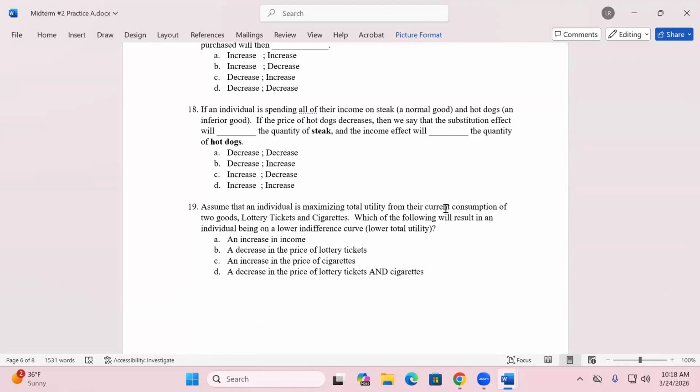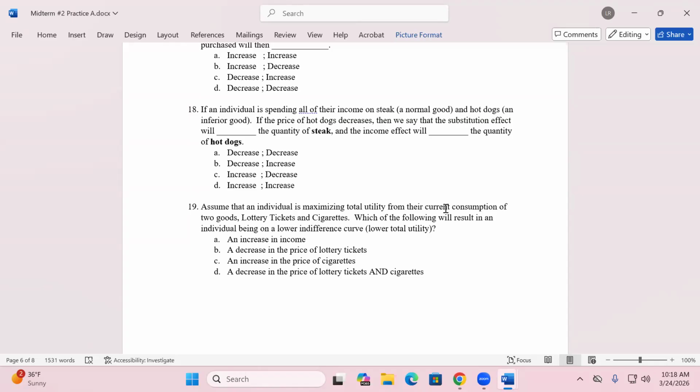Won't actually matter, right? So if I'm thinking about 19, I'm told I'm buying lottery tickets and cigarettes, what would put me on a lower indifference curve? So on this one, you could work through, it doesn't matter which way I put this. So let's do lottery tickets, cigarettes, right? So think about the first one. First one's probably kind of easy, right?